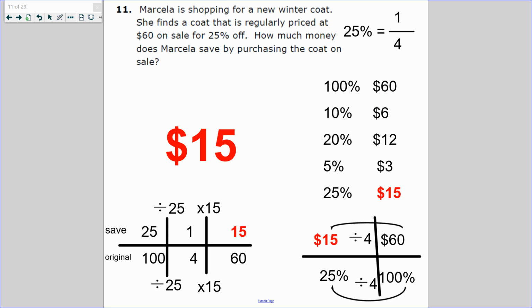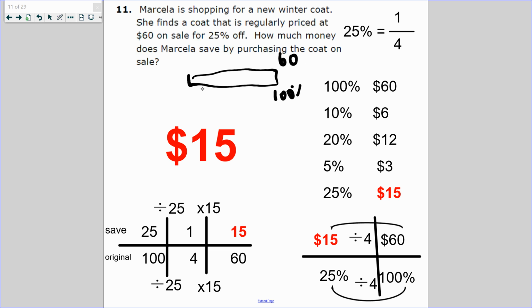11. Marcella is shopping for a new winter coat. She finds a coat that is regularly priced at $60 on sale for 25% off. How much money does Marcella save by purchasing the coat on sale? Many ways to do this. You could make a picture. This is 100%. The coat is regular price, 100%.